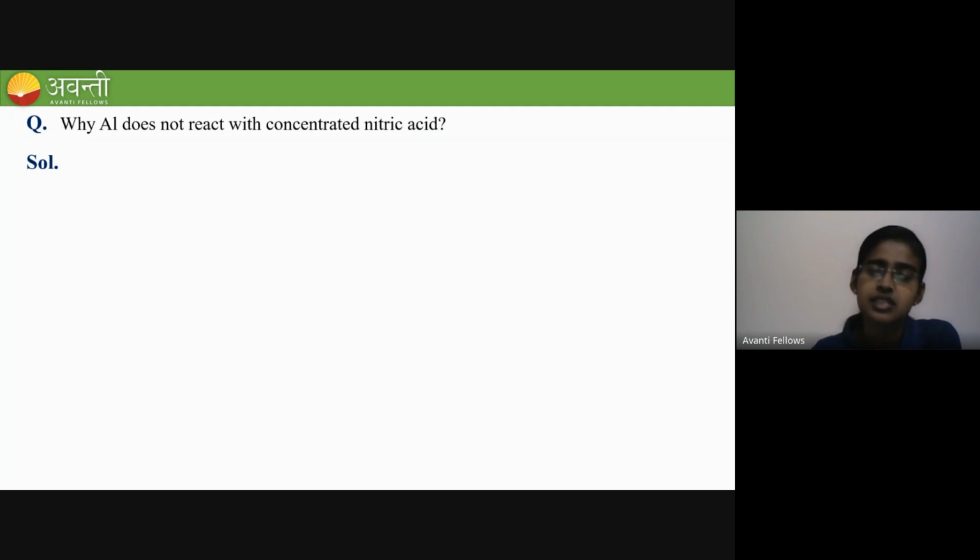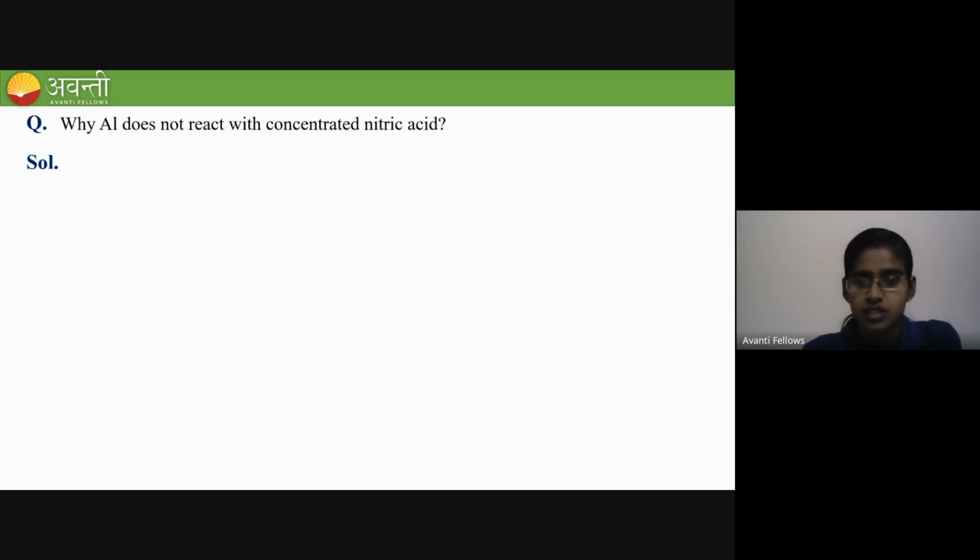Concentrated nitric acid is HNO3, right? I told you that aluminium does not react with it. Can anyone give me the reason? Mamta, Anjanashree, Shivashankar.